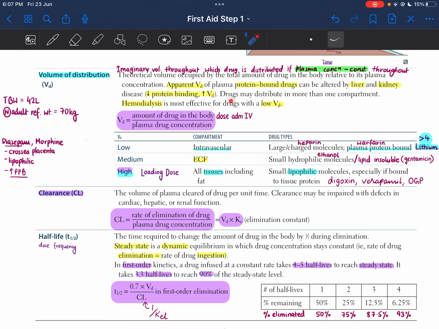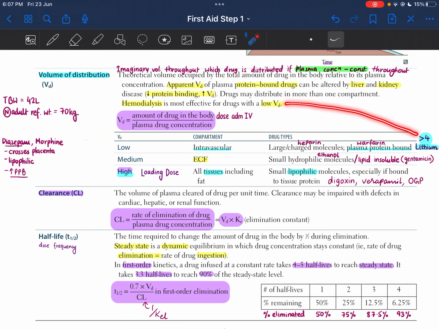Now a drug may distribute in more than one compartment. Very true, there are different compartments like ECF, ICF, and the intravascular compartment and so on. Hemodialysis is most effective for drugs with a low VD. This is important. Why?